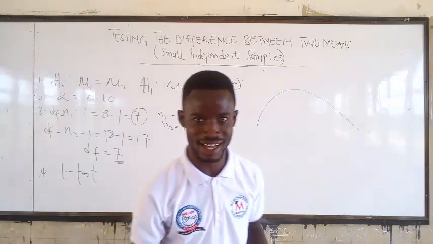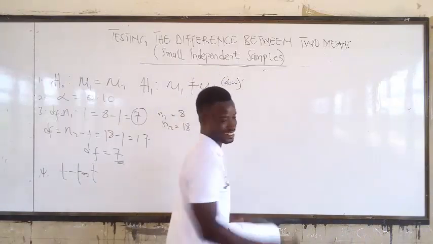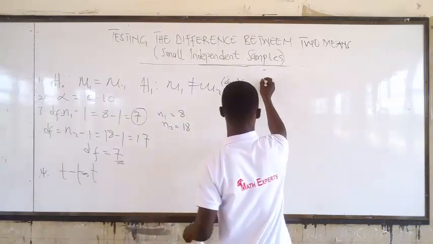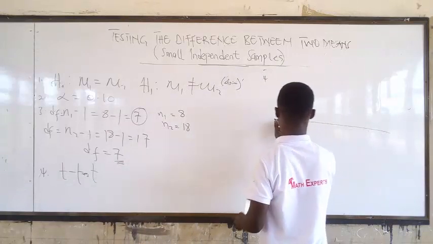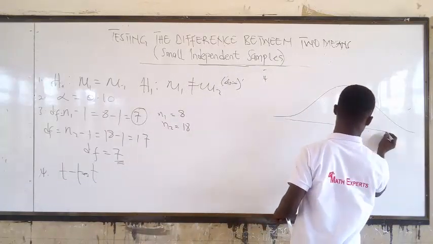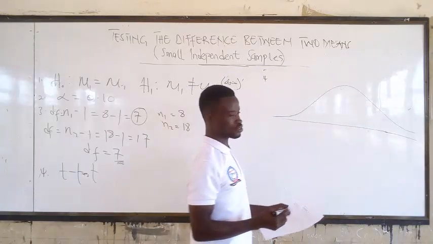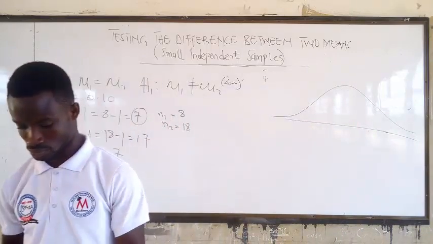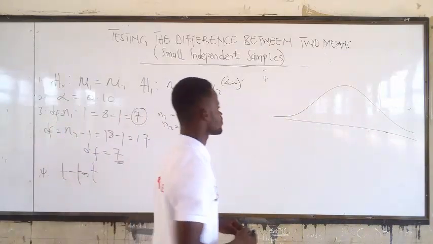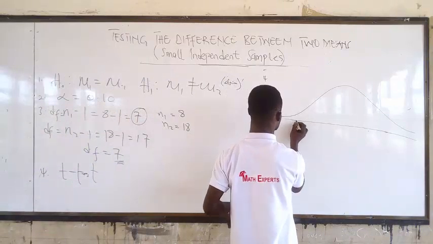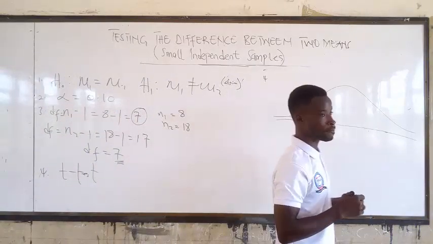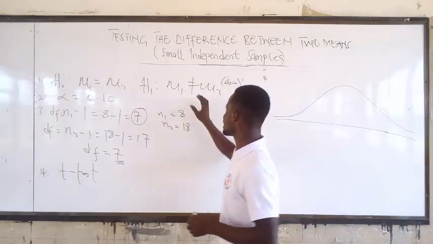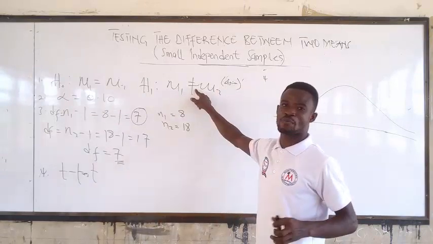Beautiful. So that's the 4th stage. You draw your normal distribution, right? Now, here, you know that the alternate hypothesis is what we use.